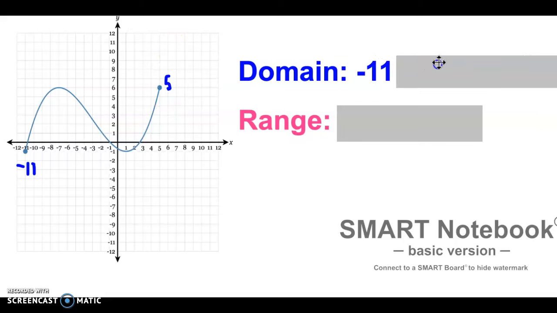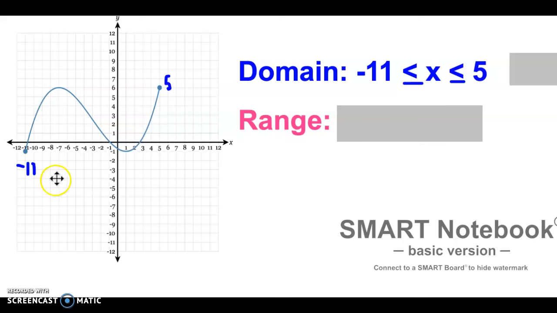So we're going to say that -11 is less than or equal to x, because remember, your domain is all the possible x values, is less than or equal to 5. So what this is saying is that for this blue graph, the domain of my function, so all of my possible inputs, are x values that are between -11 and 5.